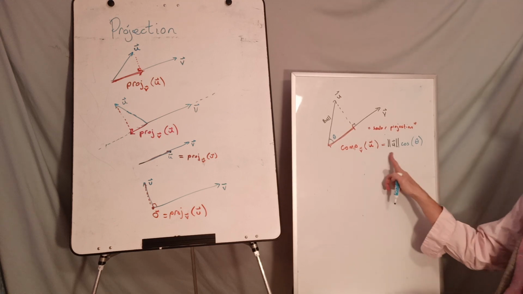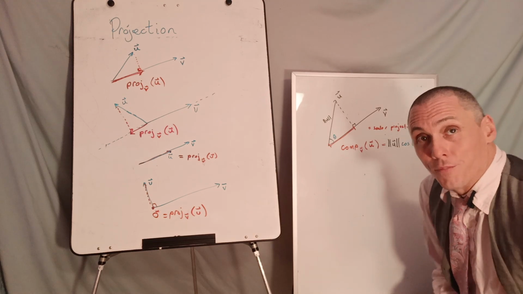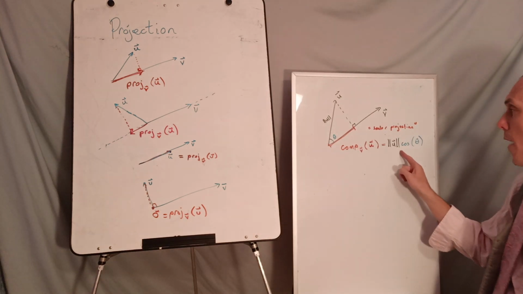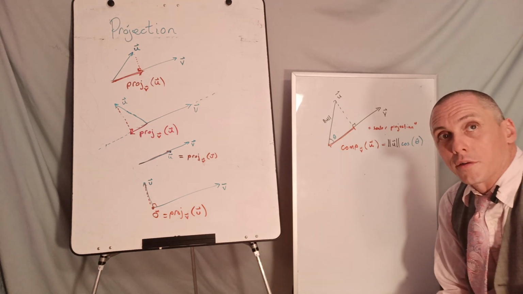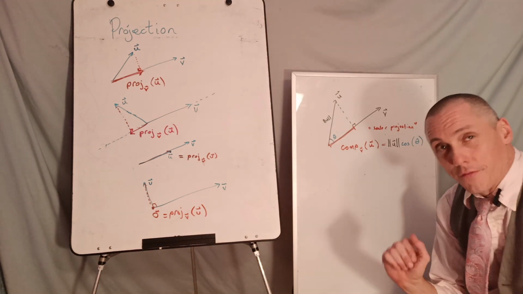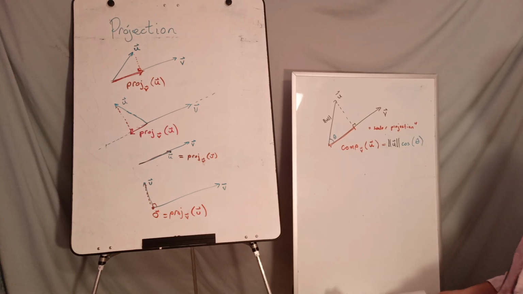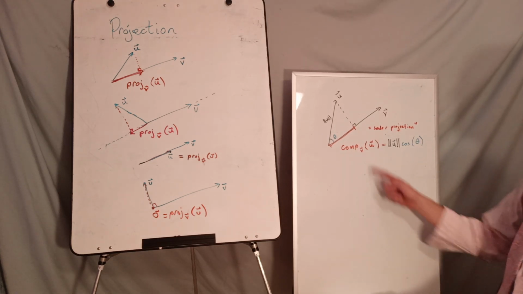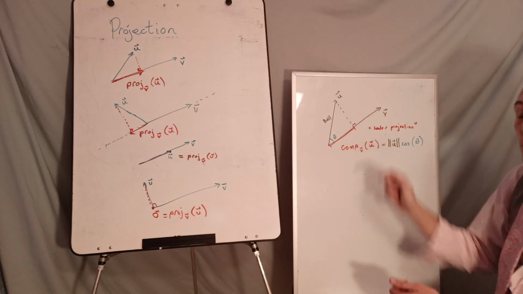But of course, now it's missing the magnitude of v, right? This isn't v magnitude times u magnitude times cosine. It's just the u magnitude cosine part. Okay, so it's a piece of the dot product. And what is it really telling me? It's telling me what is the magnitude of this projection?